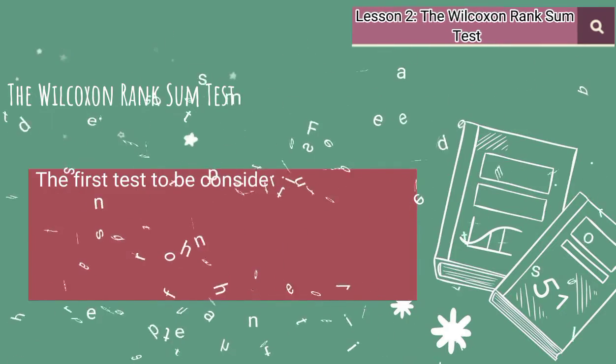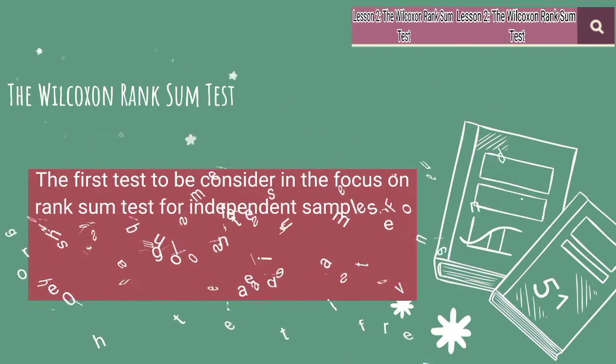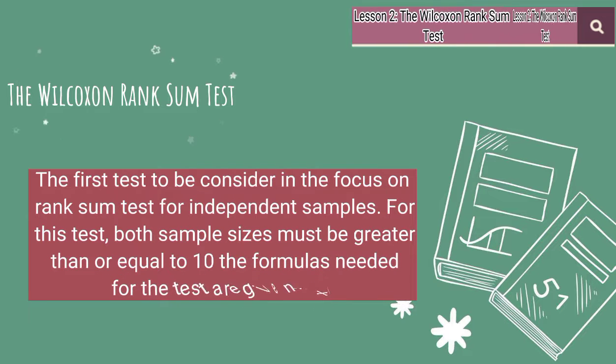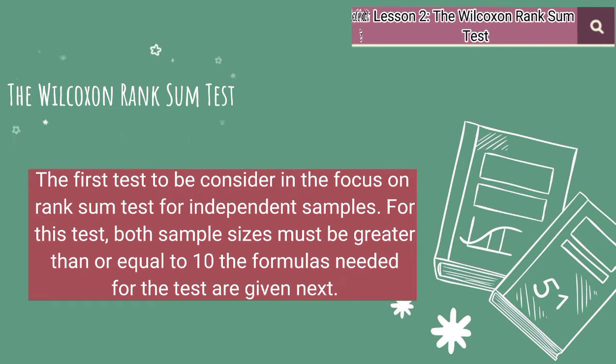The first test to be considered is the Wilcoxon Rank Sum Test for independent samples. For this test, both sample sizes must be greater than or equal to 10. The formulas needed for the test are given next.